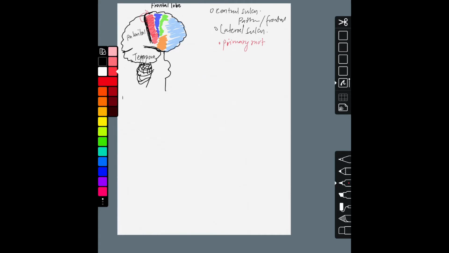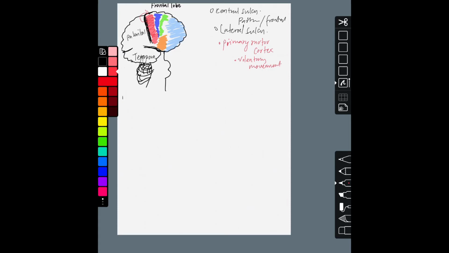So this is primarily involved in voluntary movement, particularly that of the skeletal muscles.